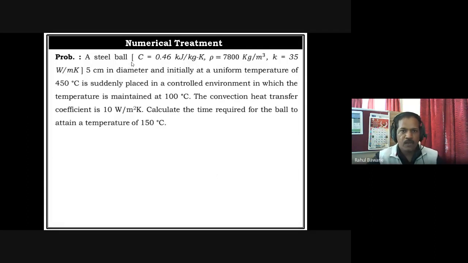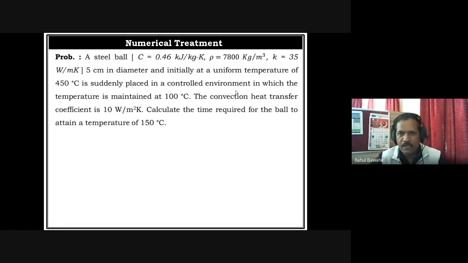A steel ball: C value is given as 0.46 kilojoule per kg Kelvin, rho is 7800 kg per meter cube, and K is 35 watt per meter Kelvin. All these properties are of this steel ball. A steel ball 5 centimeter in diameter, initially at a uniform temperature of 450 degrees centigrade, so this will be Ti, is suddenly placed in a controlled environment.